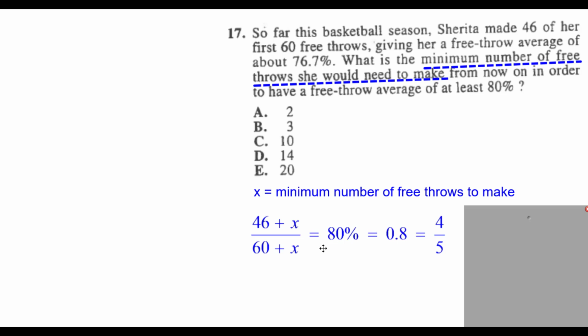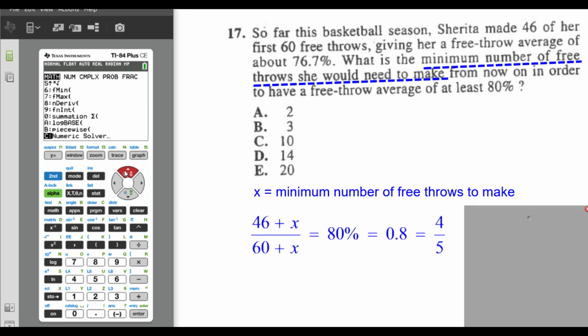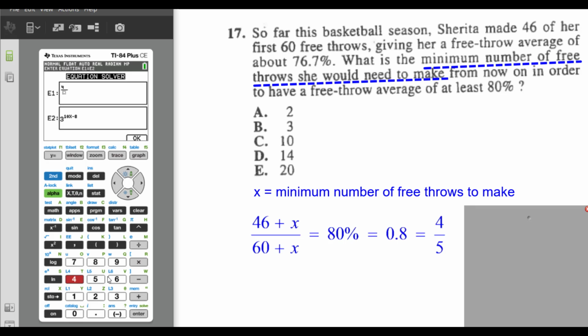And again, I think setting this up was the key to me. Since they know they can use a calculator, I think it would be a good idea to use the numeric solver to get this. So again, my left-hand side will be this rational expression, 46 plus x, divided by 60 plus x.